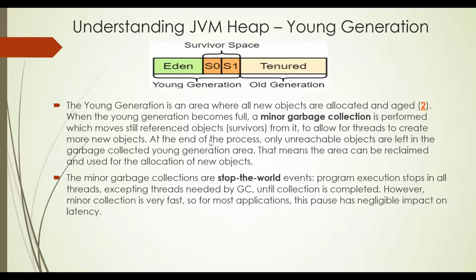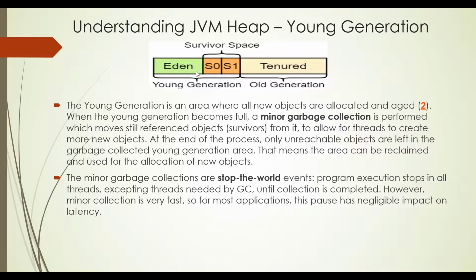Whenever a GC cycle is called, we call it a stop the world process, because it stops the world. For the JVM, no processes can run. But with a minor GC, this stop the world has very little impact on the performance of your JVM, because it takes very little time to collect and there is a small area to work on.